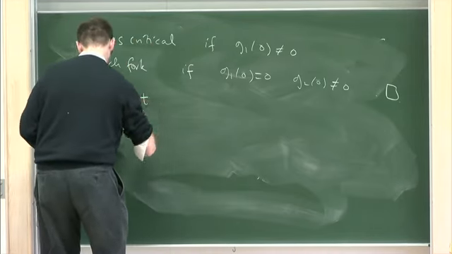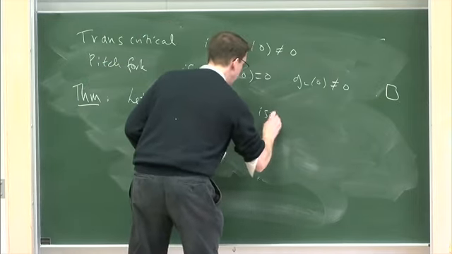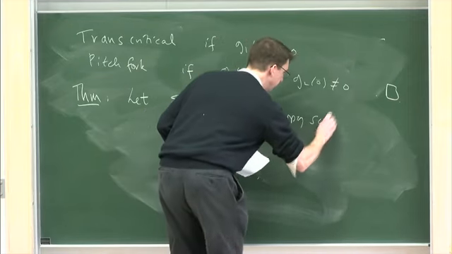So let sigma in G be an isotropy subgroup.